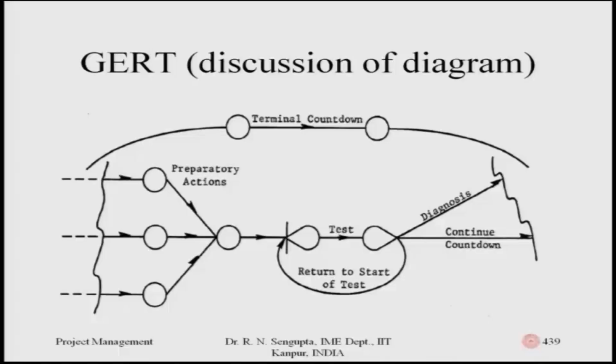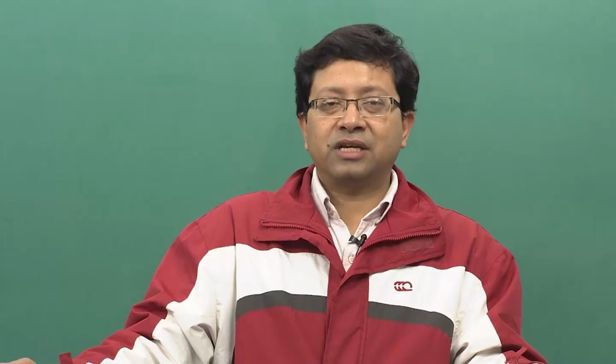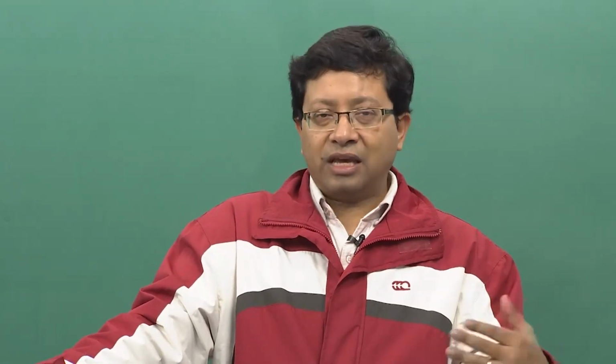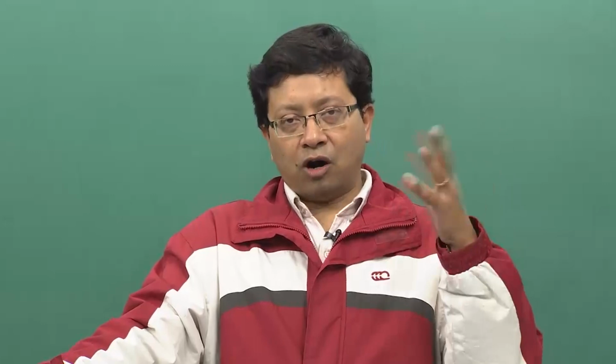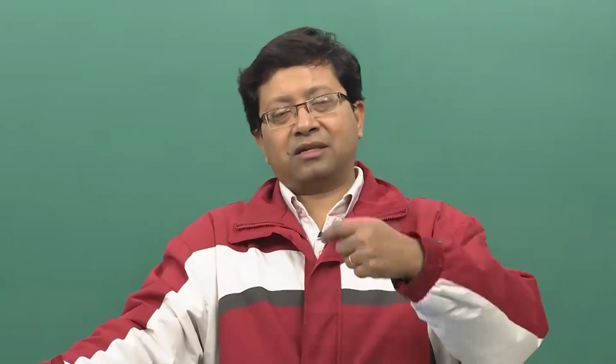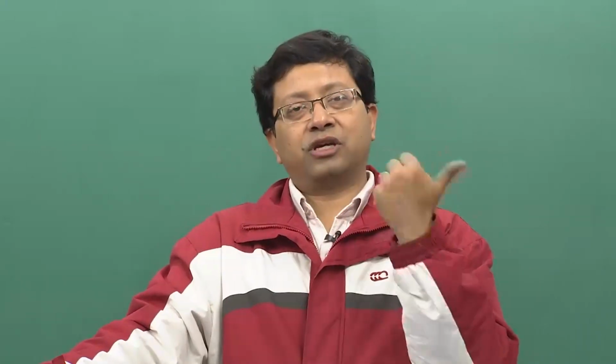So, if you consider this loop, you return to the start of the test such that any malfunctioning of the whole process when it happens during the test can be included in the study, such that it gives a good picture of how the inputs can be utilized from the test, and how the outputs from the test act as a set of information for the inputs in the later stage.